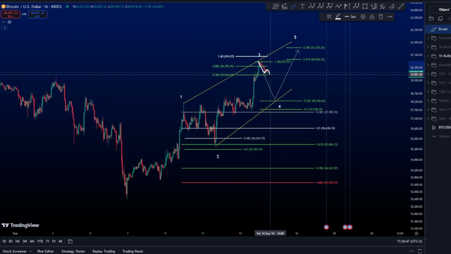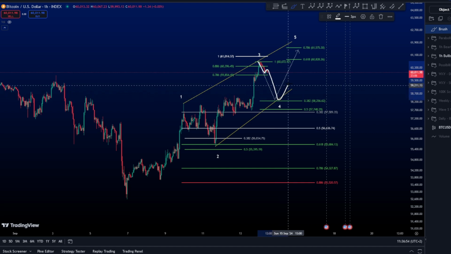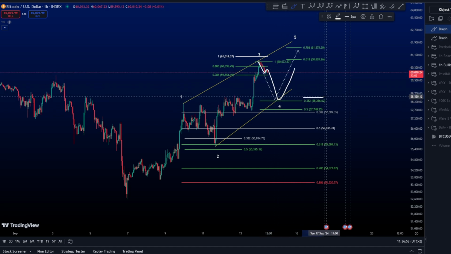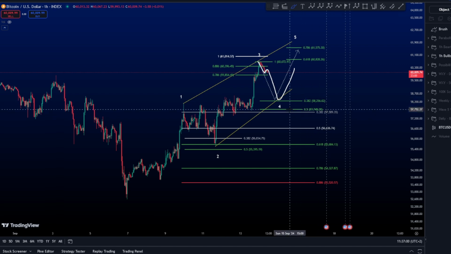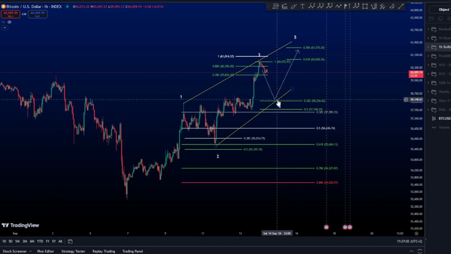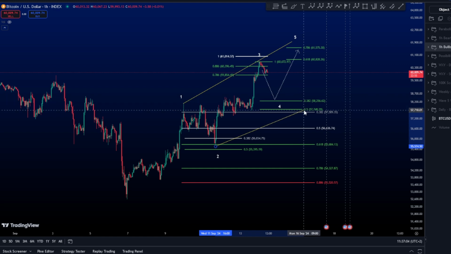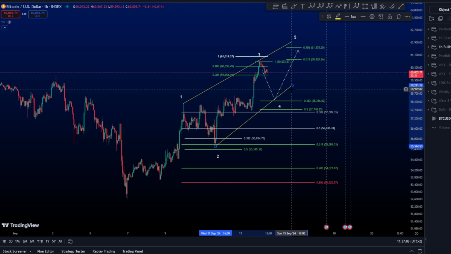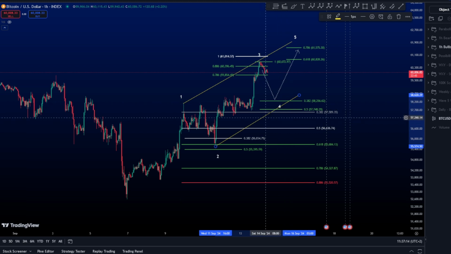Now a retracement. If you want to remain bullish and not bearish, of course you want to see a retracement, a downside, and then a retracement exactly between those perfect fib levels for a wave 4. For a wave 4, it doesn't matter even if it goes deeper or not. The diagonal cannot be invalidated so far, only if we go lower than this trend line here.